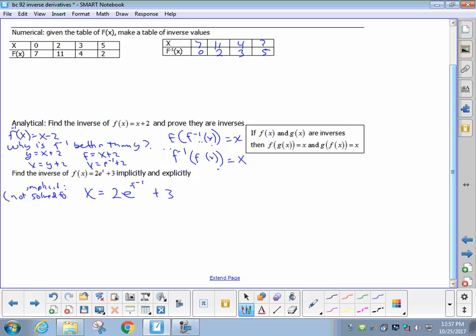Implied. If, however, I talk explicit, that doesn't mean dirty words on a record. That means clearly stated, explicit. Then that means solve for f inverse, or find f inverse. So, would you please find f inverse explicit?